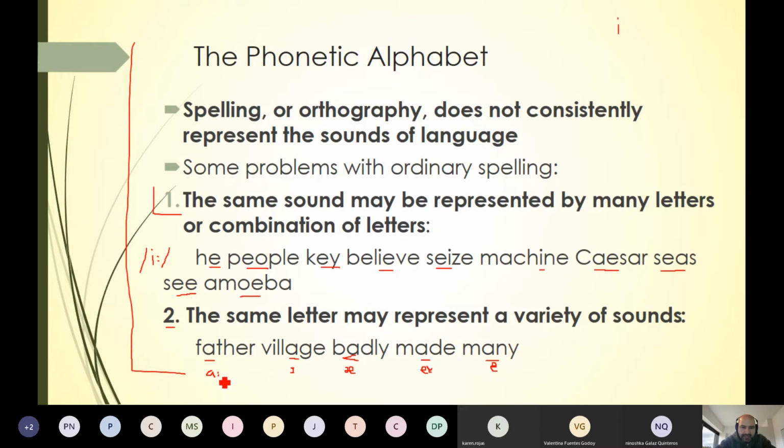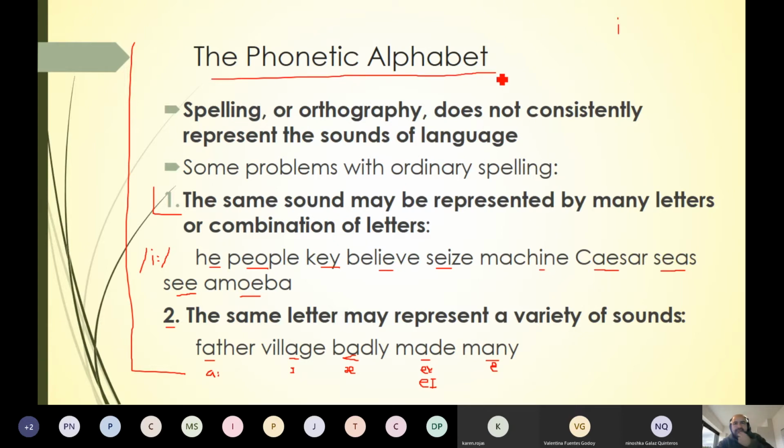As you can see, the same grapheme, the same letter, with different sounds: father, village, badly, made, and many. I'm sorry, this is supposed to be a diphthong. Much better there. So here we have two issues concerning the phonetic alphabet.